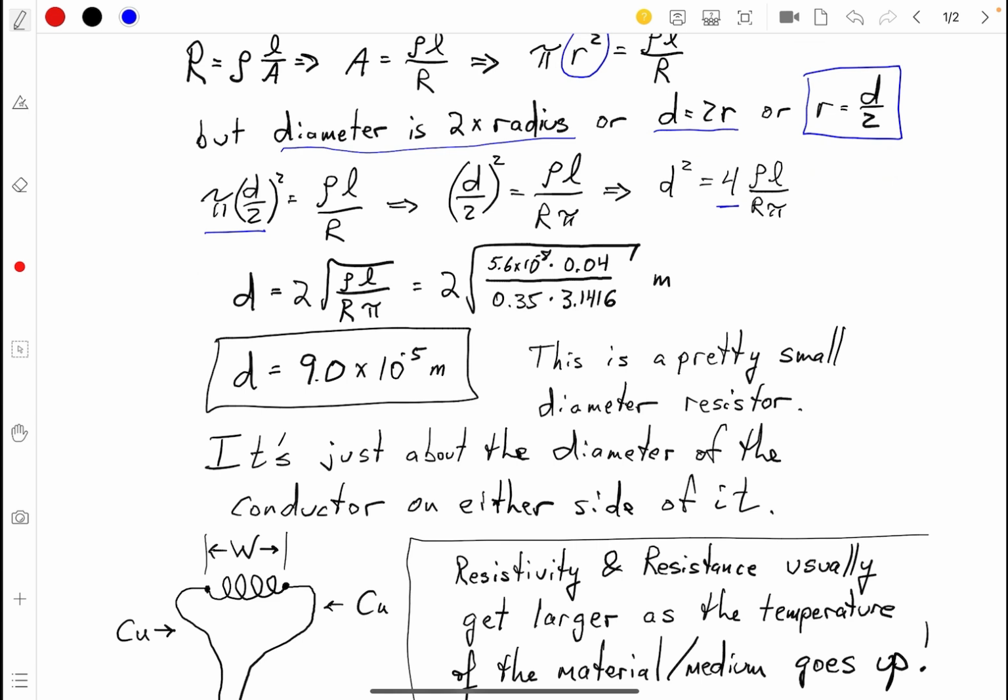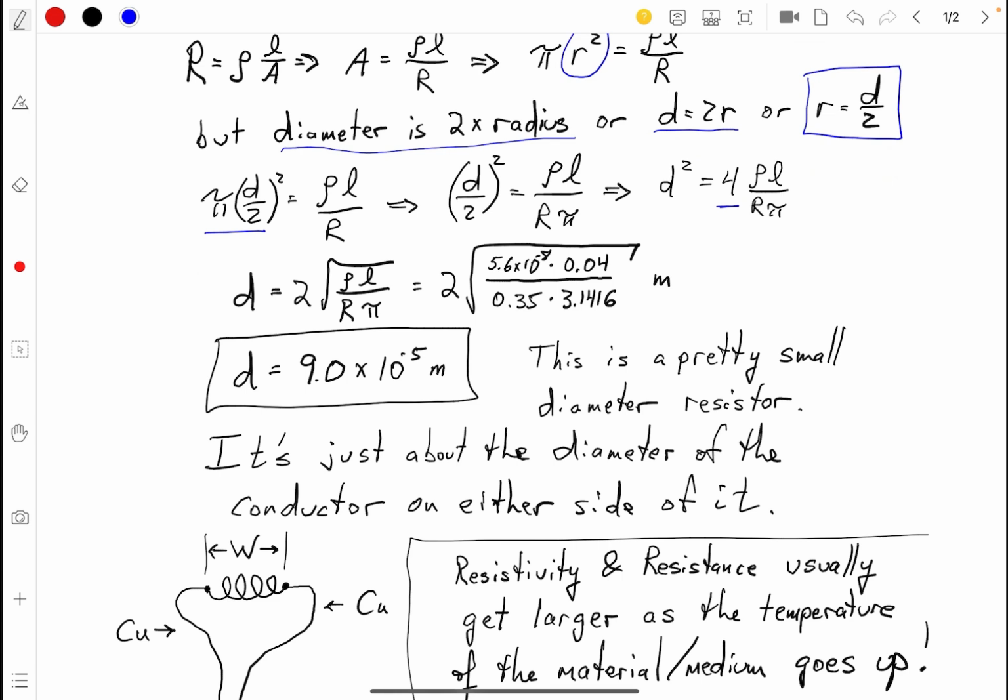Okay, so what does that mean? D is equal to 2, because we got to take the square root of both sides. Square root of 4 is 2. Then we're going to multiply on the inside of the square root rho L divided by our resistance times pi. All those numbers are nice and easy. We've got them, and so D is equal to 9.0 times 10 to the minus 5 meters.